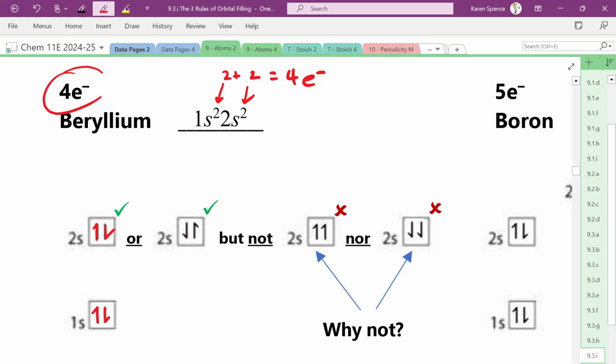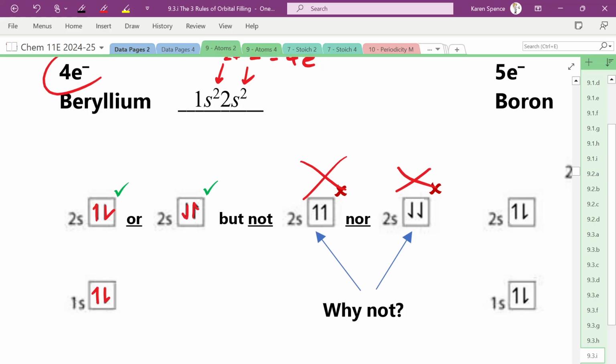Are we allowed to go down, up? Yes. Are we allowed to go up, up? No. Down, down? No. Why not?